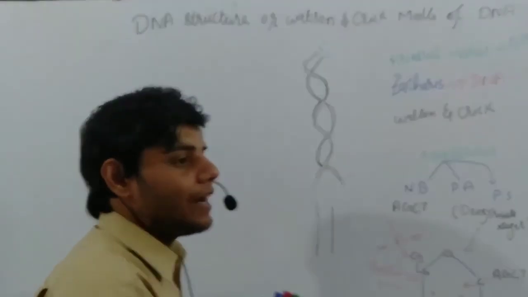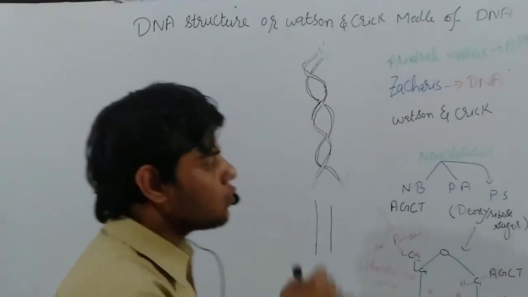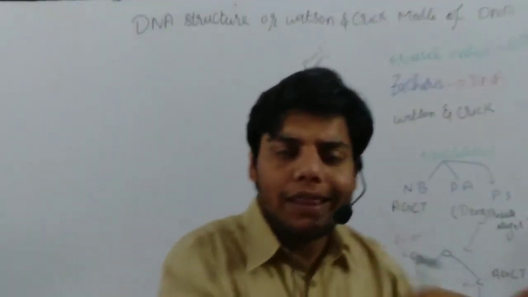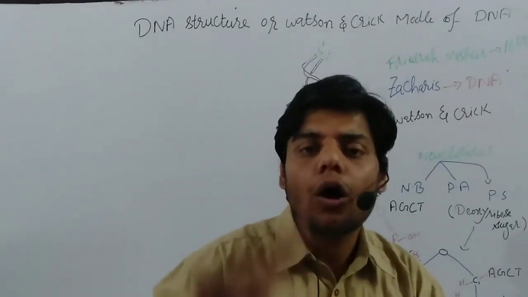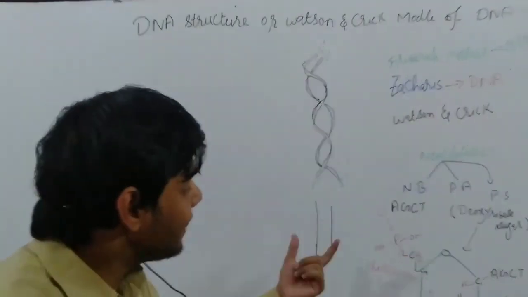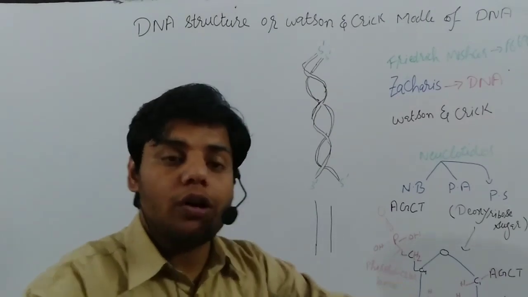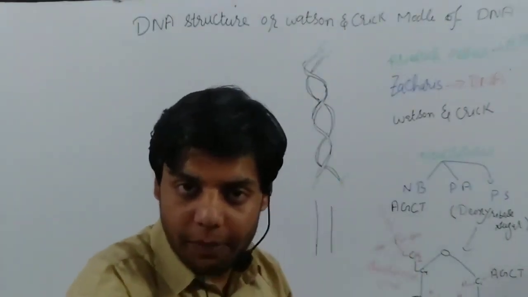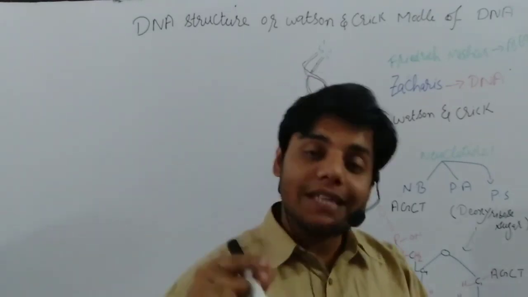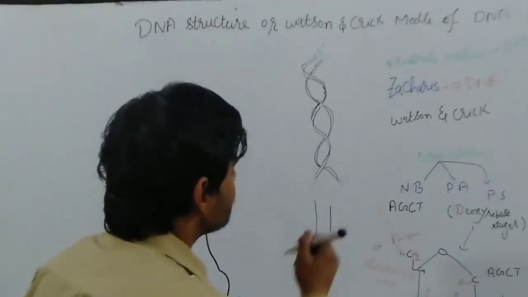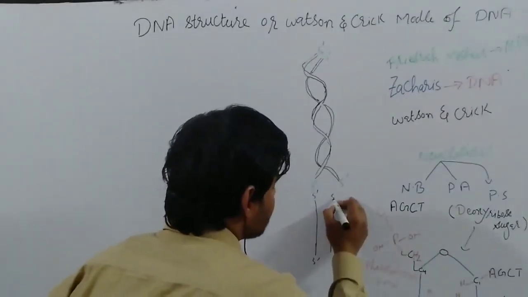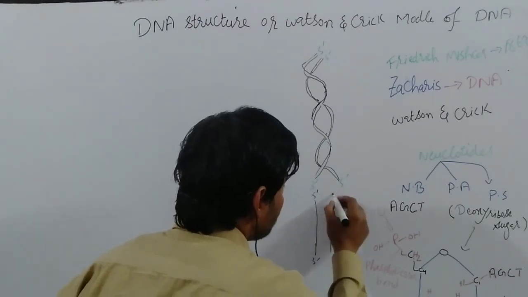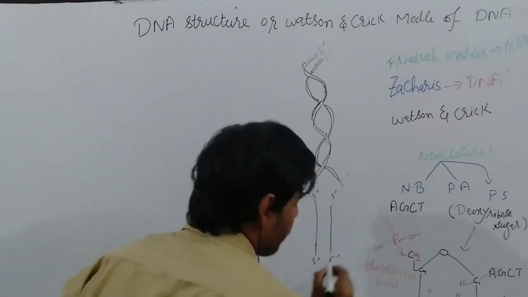We also say that DNA is anti-parallel. So they say that DNA is parallel, and they also say that DNA is anti-parallel. What does it mean? DNA is parallel because the strands are not crossing each other. DNA is anti-parallel because one strand has a 5' end to 3' end, and the other strand has a 3' end to 5' end.